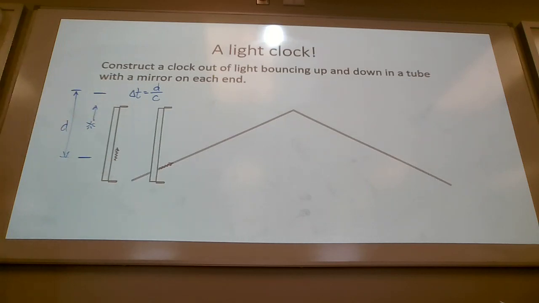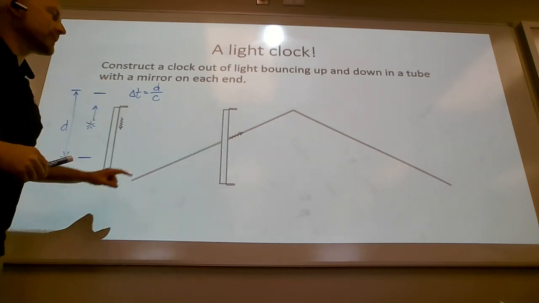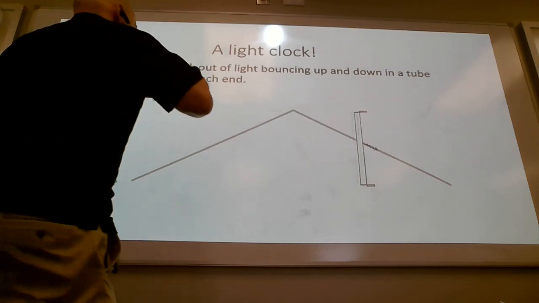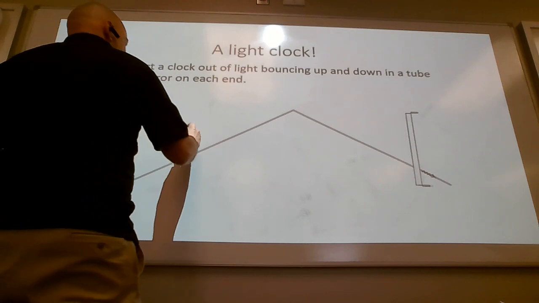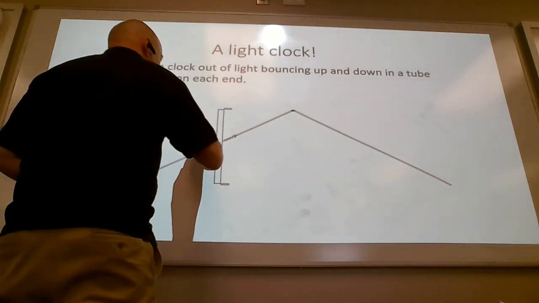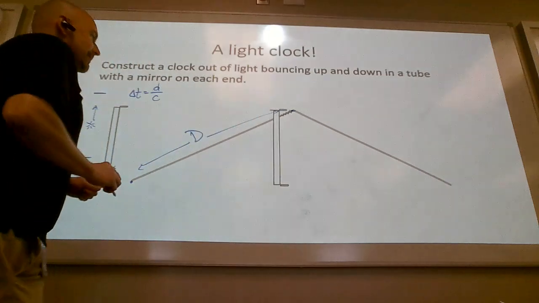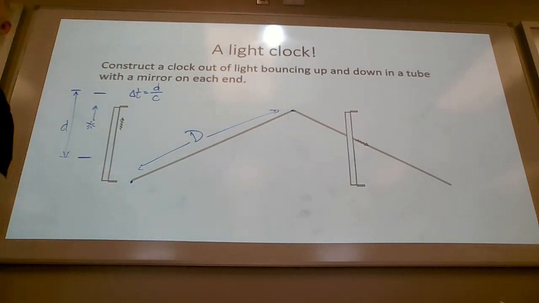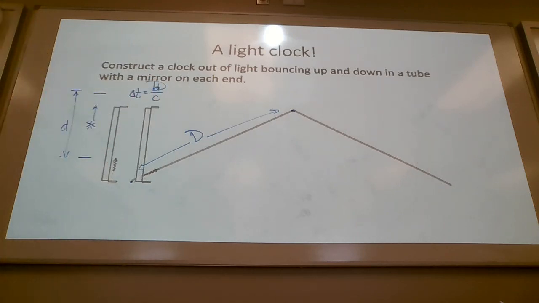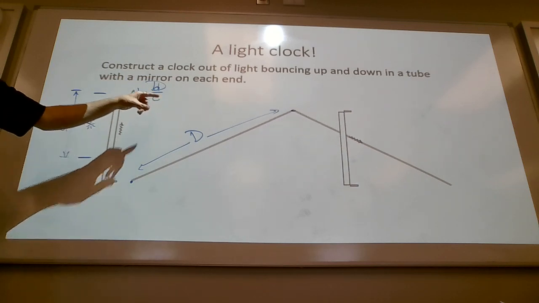What gets weird is when Sarah looks at Adam's clock. Sarah sees Adam's clock go from here to here, covering a longer distance than hers. And because this distance increases, the time interval between ticks is greater.